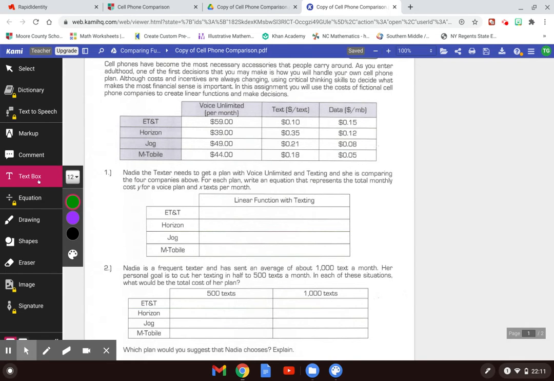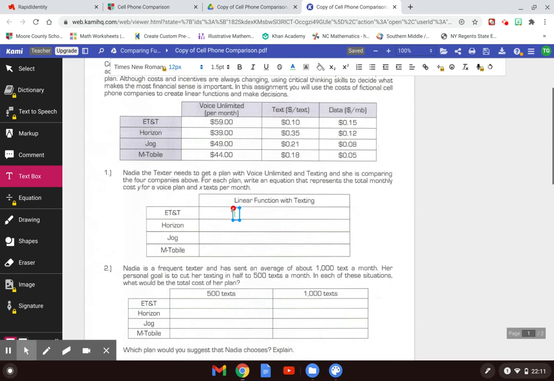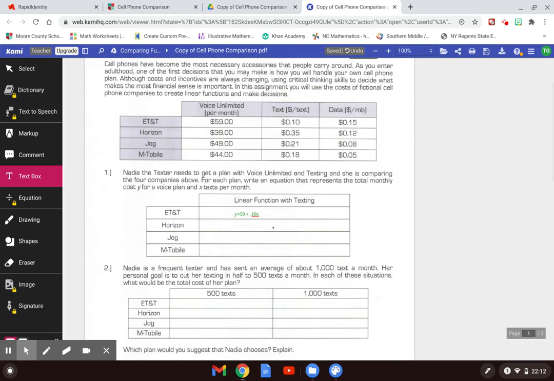So what we're going to do is write this as Y, because it says there the cost of Y for a voice plan. So Y equals, the voice unlimited is 59 and texting would be 10 cents X. Okay, so that would be the very first linear function that we would write. So Y equals 59 plus 10 cents X.